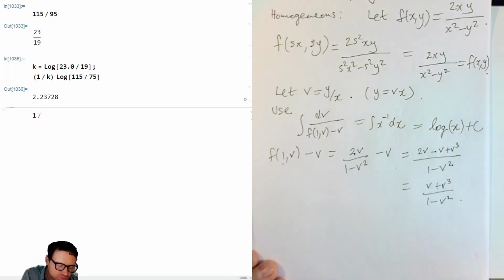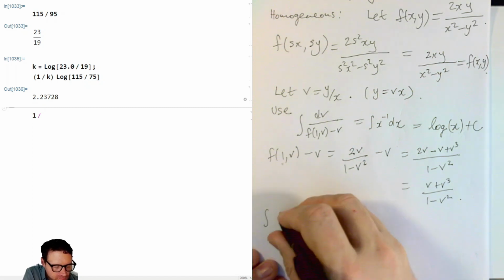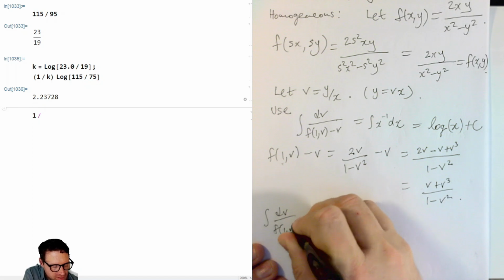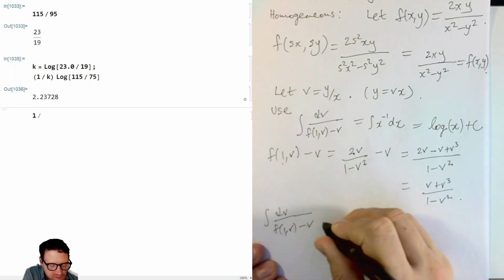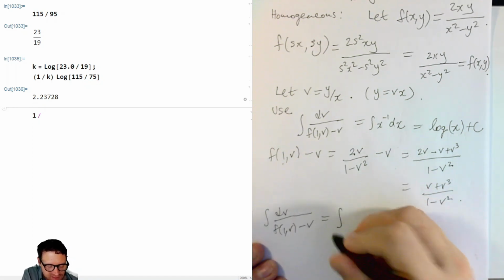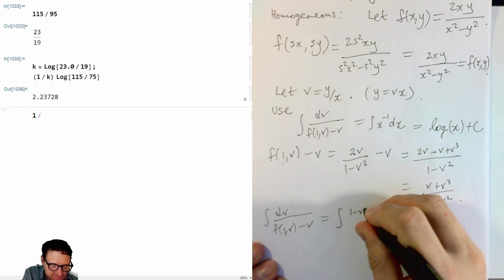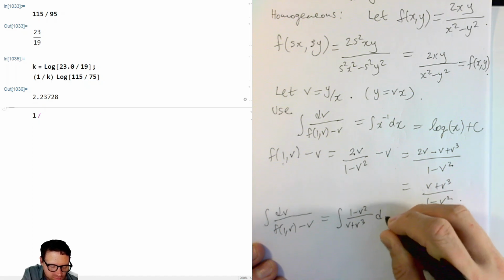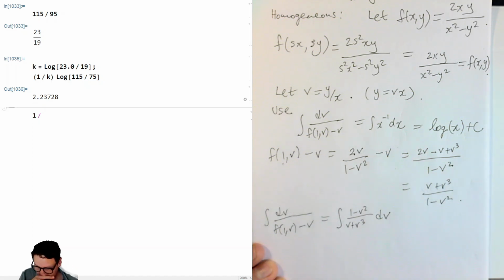So inverting this one, we've got dv on f of 1 comma v minus v is equal to the integral of 1 minus v squared over v plus v cubed dv.